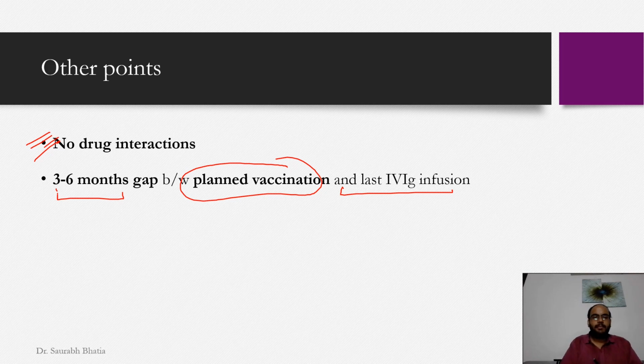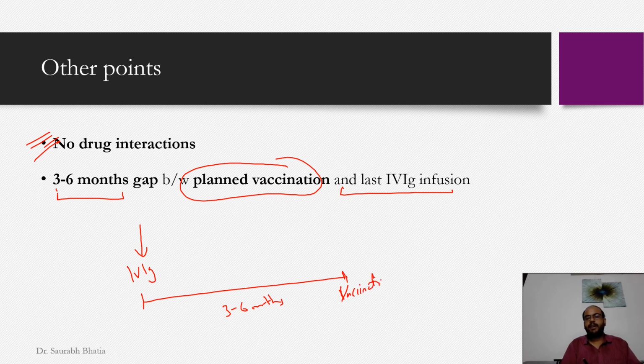That means if you have given IVIg, you wait for 3 to 6 months and then you can go for vaccination. Why is that? Because a good immune response requires that the immune system should be working perfectly. But since you have given a very strong immunomodulatory modality like IVIg, it's a good idea to wait for 3 to 6 months.